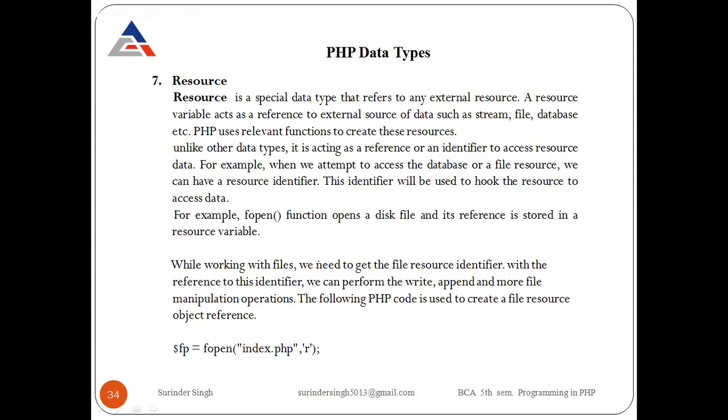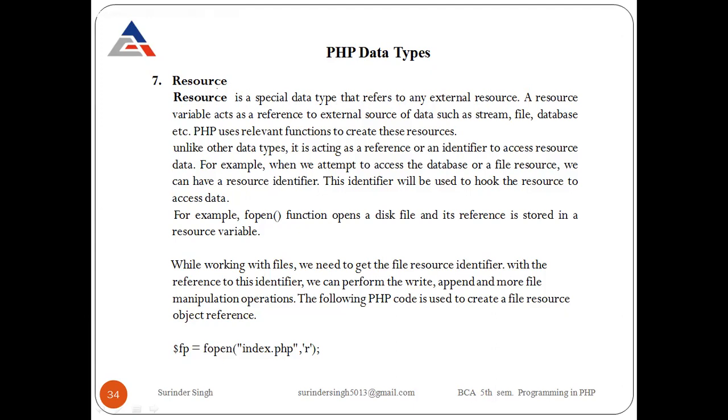Then next, last, the next type is resource. Actually, resource is not any data type. What is a resource? We create a resource variable which contains a reference to an external resource.